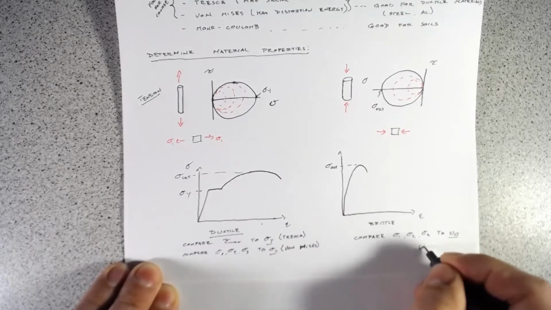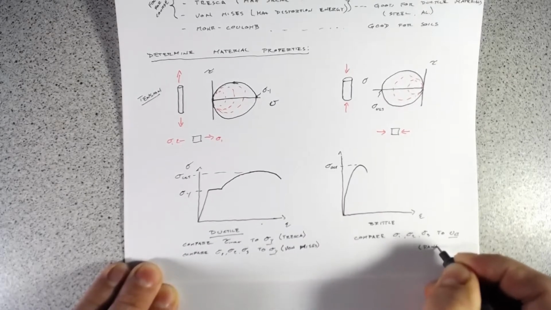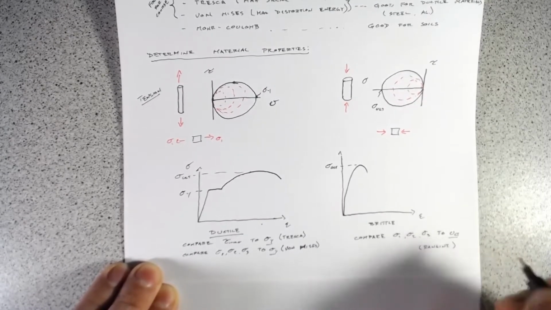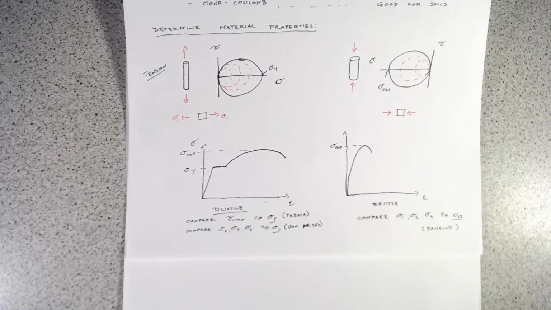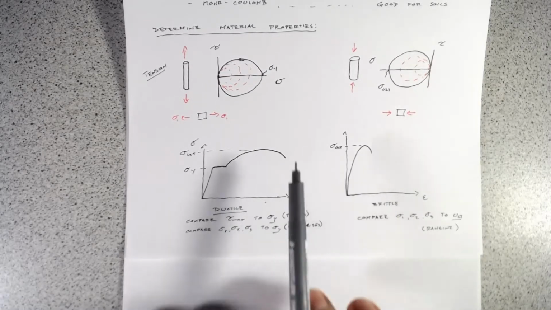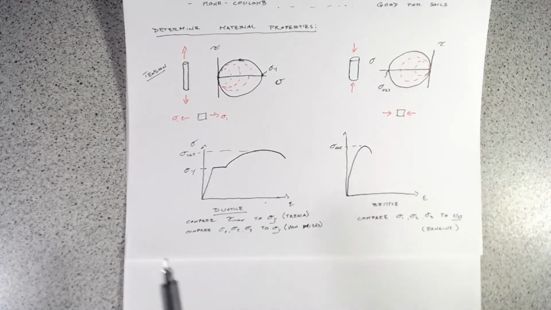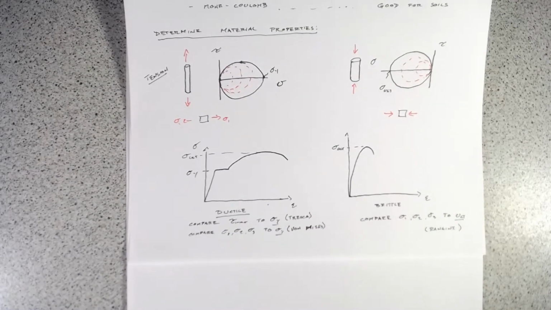And that's what we're doing in Rankine. So conceptually, that's all that's going on with these failure criteria. We're taking a known material property, and we're comparing it to our stress state that we can pull off of Mohr's circle.